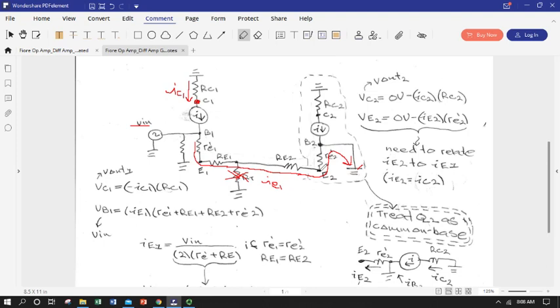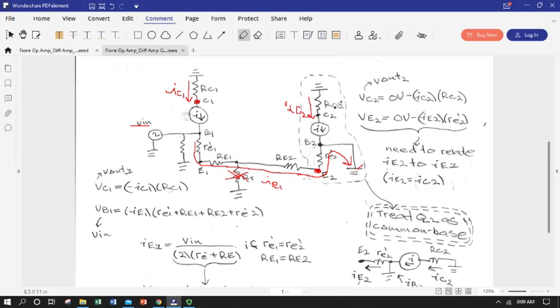Now, here's the trick. If you take either of these nodes, E1 or E2, but especially focus on E2, remember that we have current flowing the other way through the other transistor. And we can go through the same argument looking at its magnitude and the voltage at our collector 2 on our second transistor, and we're assuming these are all identical.